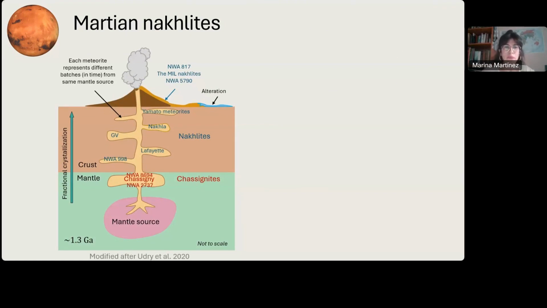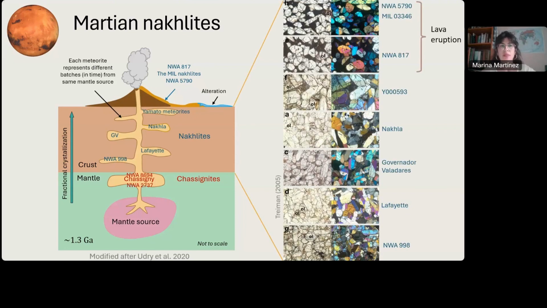So basically, the Chassignites crystallize first, and there's almost pure mantle contribution, and then the Nakhlites have crystalline mantle contribution. Here I'm showing the petrologic images of Nakhlites from the base of the stratigraphic sequence to the top.